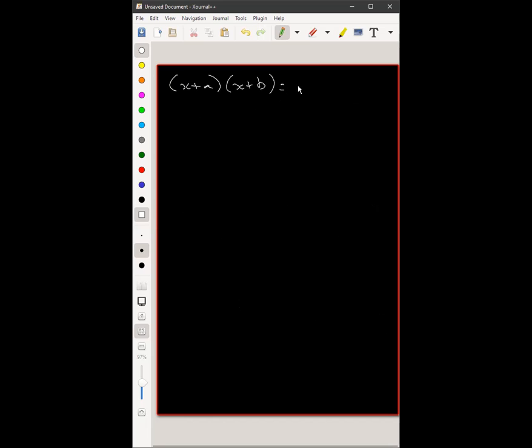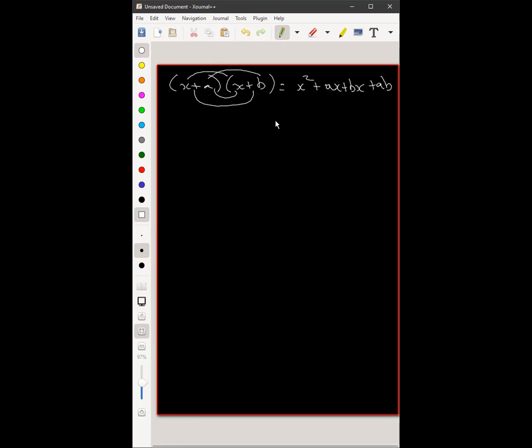We'll do x squared plus x into (a + b) plus ab. First term into first, second into second, combine the inners, combine the outers. Remember? So we get x squared plus xb plus ax plus ab.